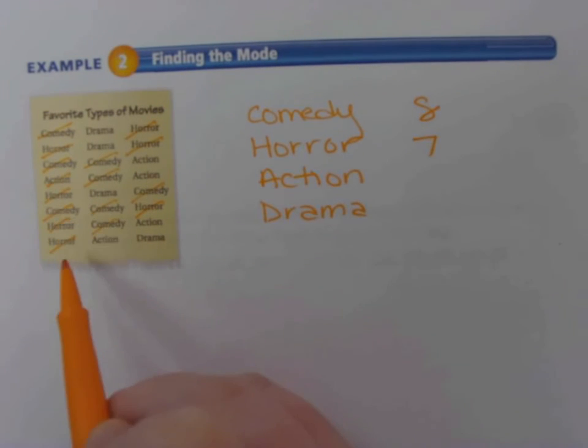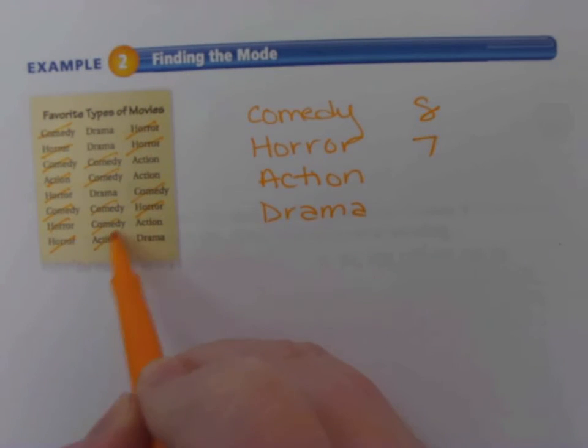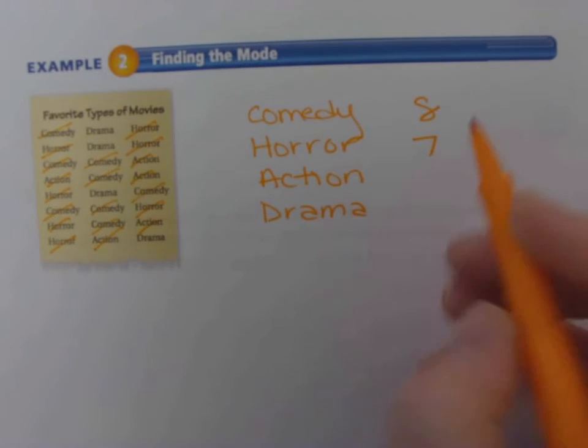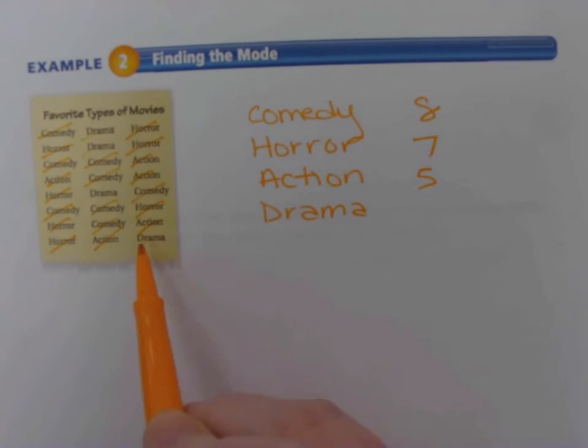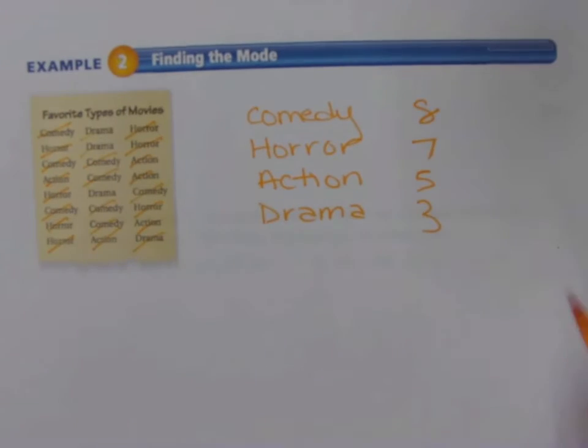Action, I have 1, 2, 3, 4, 5. And drama, I have 1, 2, 3. Oh, actually I missed a drama. There's one right in the middle, so I have 4 drama.